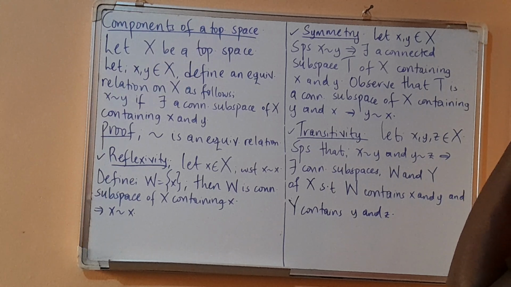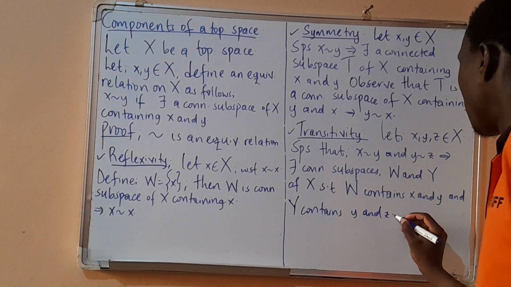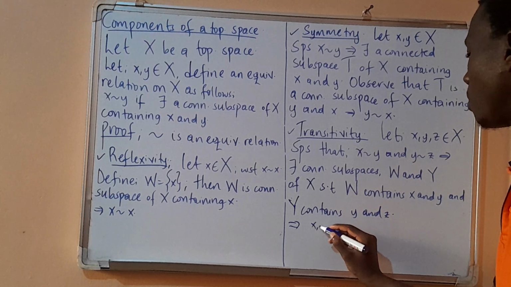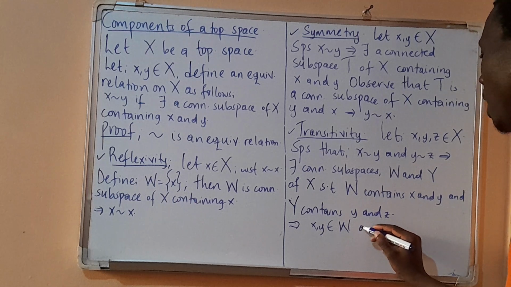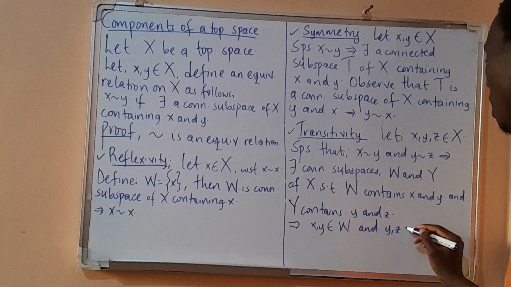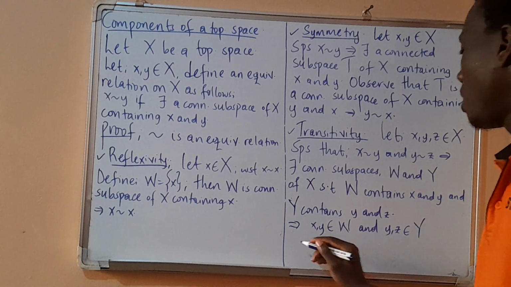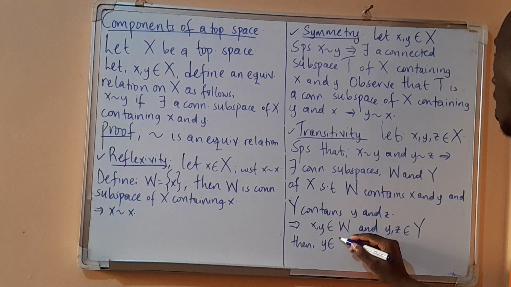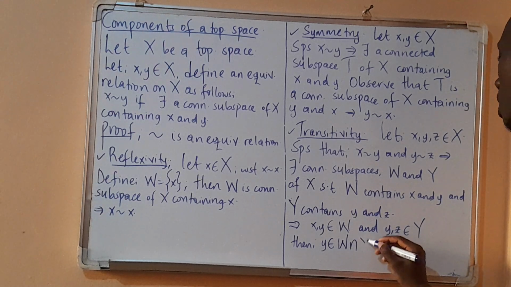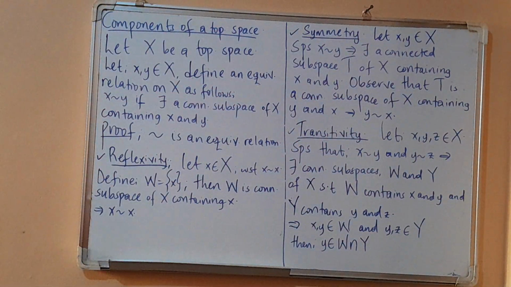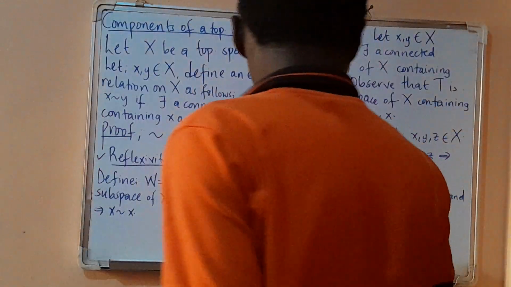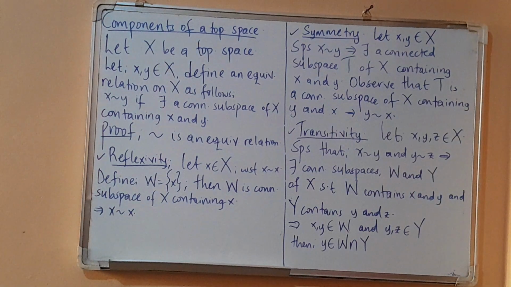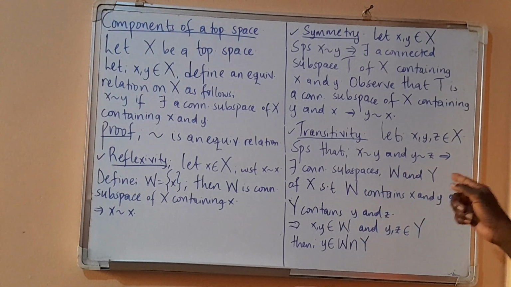So what does this imply? x and y are in W, and y and z are in Y. Then y is in W and y is also in Y. So y is in W intersection Y. We have connected subspaces W and Y having a point in common.